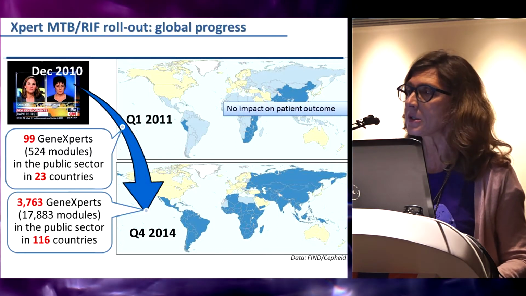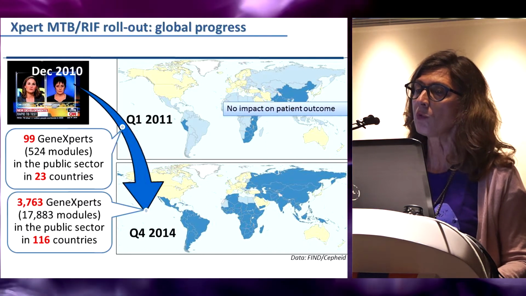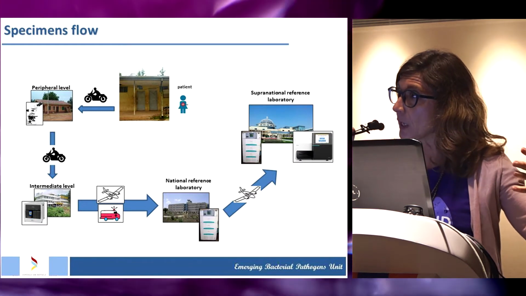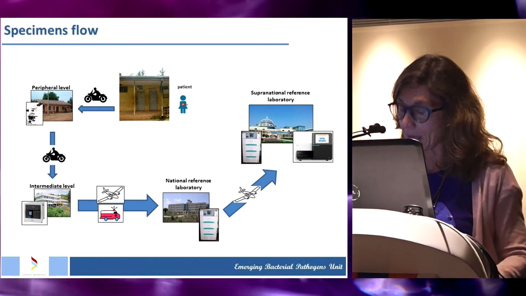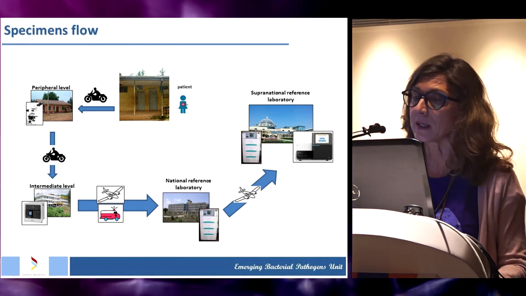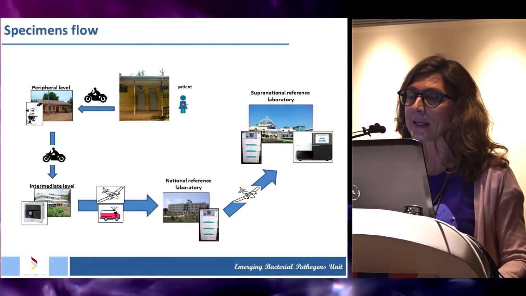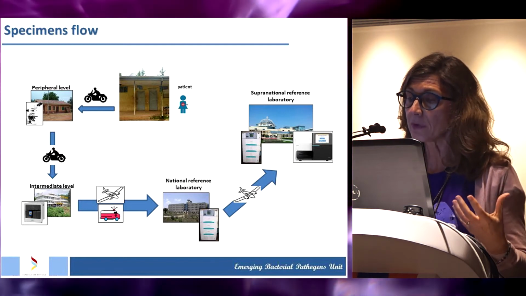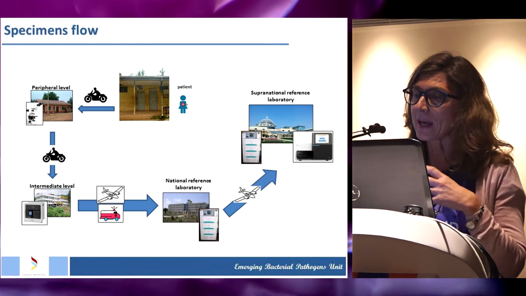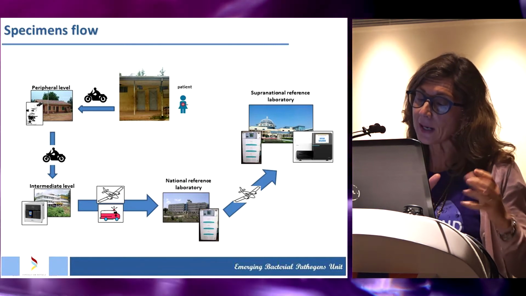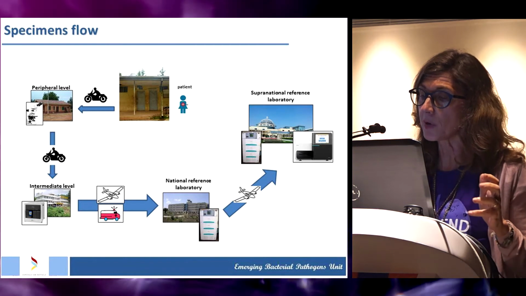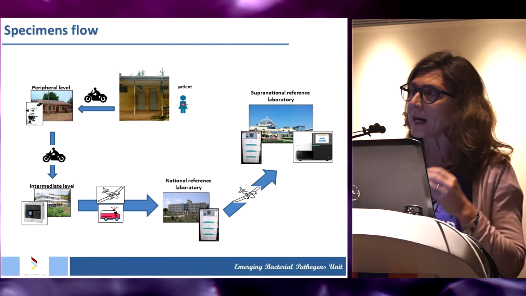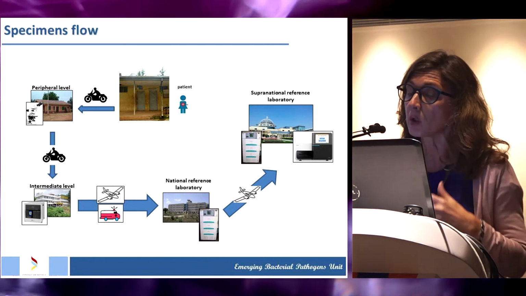One of the reasons is that either we move the patients, and this is very hard and costly, or we move the specimen. And in order to move the specimen, we really need to find a good system to move the samples around from the health post to the peripheral laboratory, to the intermediate laboratory, to the national reference laboratory, in order to provide to the patients all what is needed.